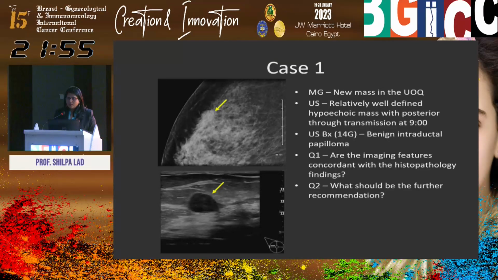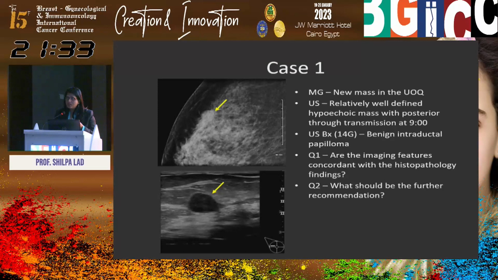We did an ultrasound-guided core biopsy with a 14-gauge needle, which demonstrated a benign intraductal papilloma. The question we should ask when we see this pathology report is, are the imaging features concordant or discordant? And what should be the further recommendation?